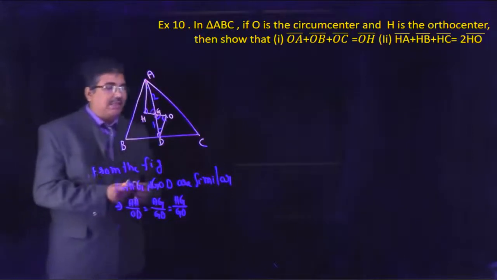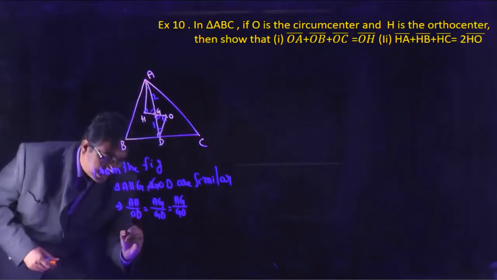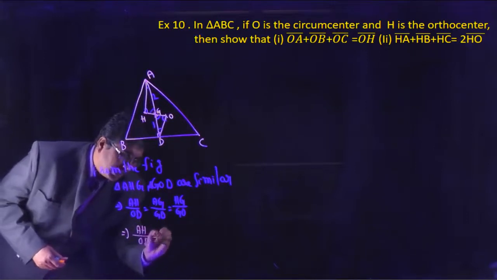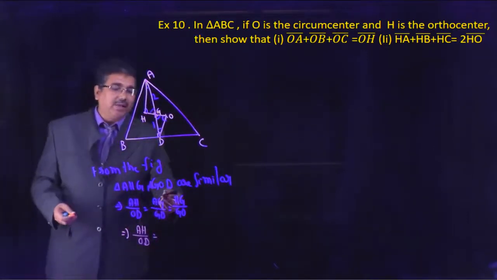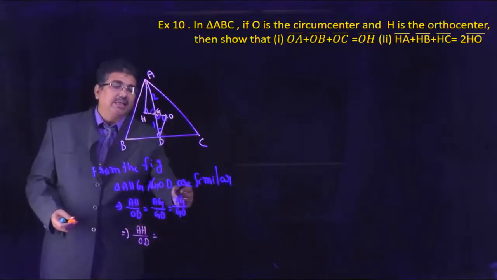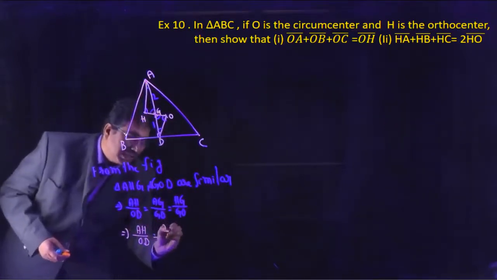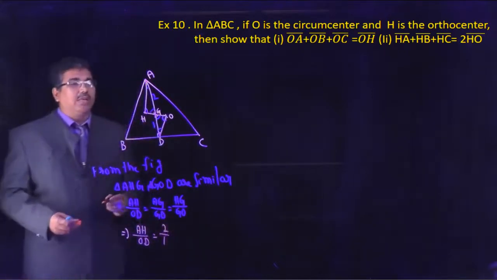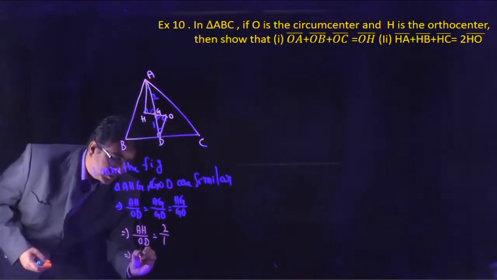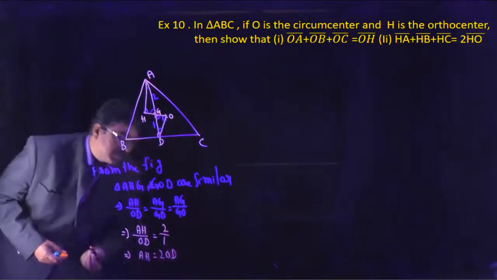That implies AH by OD is equal to, G divides AD in the ratio 2:1. G divides orthocenter and circumcenter in the ratio 2:1, so that AH by OD is equal to 2/1. That implies AH is equal to 2 times OD.